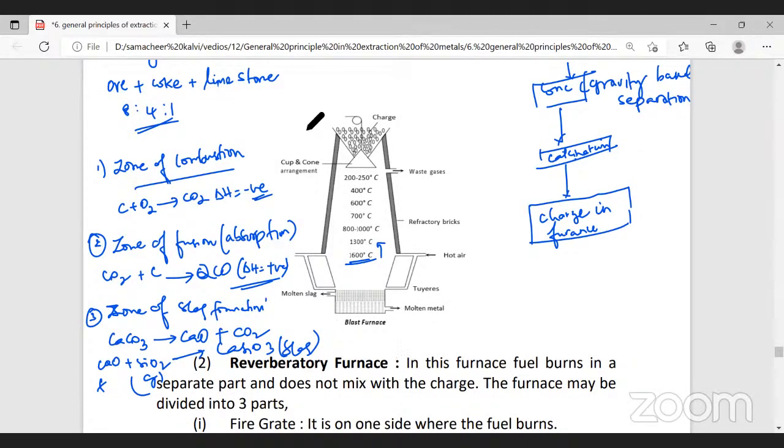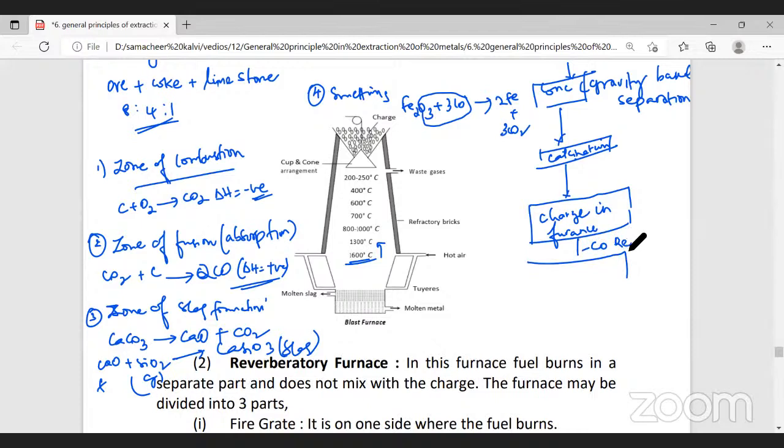Next, the fourth step is reduction, or smelting. Hematite, Fe2O3, will be reduced by carbon monoxide to form iron and carbon dioxide. Here in the furnace, carbon monoxide reduces hematite to iron.